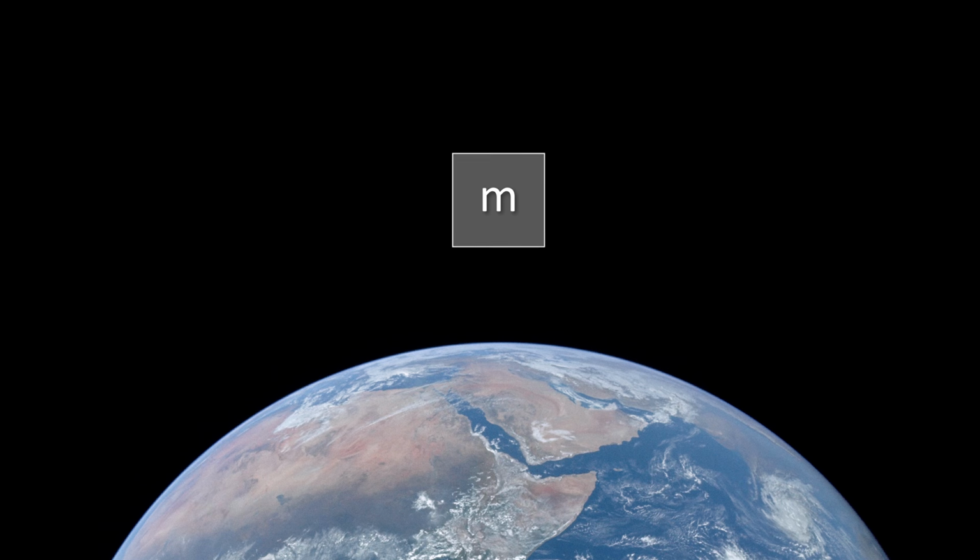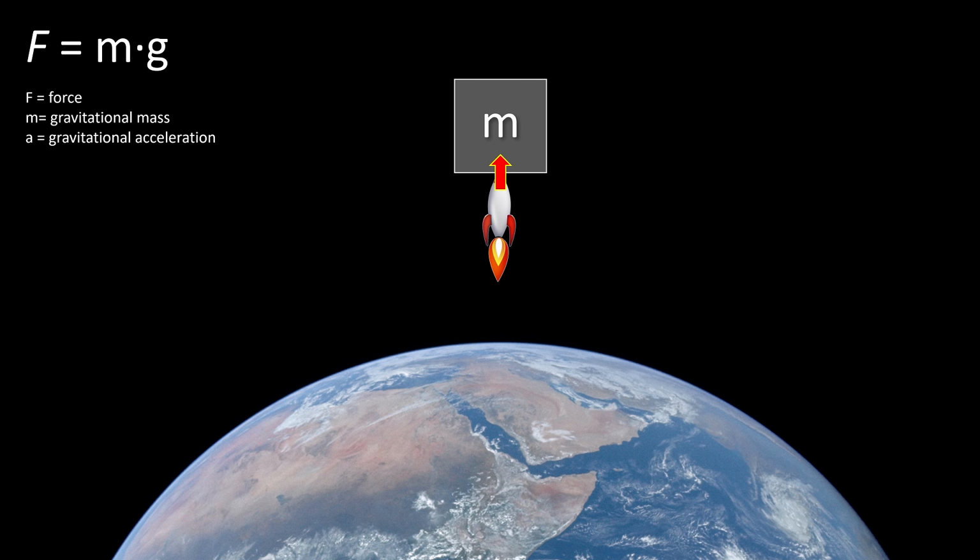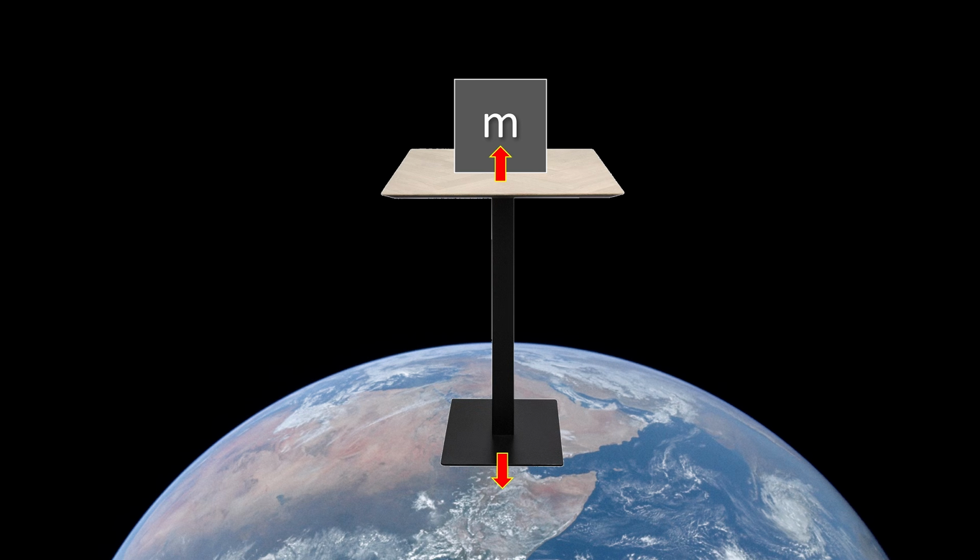And what we can do in order to stop these two objects from approaching each other is to exert a force on either or both objects opposite to the direction of attraction. In fact, it doesn't really matter whether we do this by using a rocket or separate the two by using a party table. As long as we compensate for the attraction by opposing forces, we can prevent them from getting closer to each other.